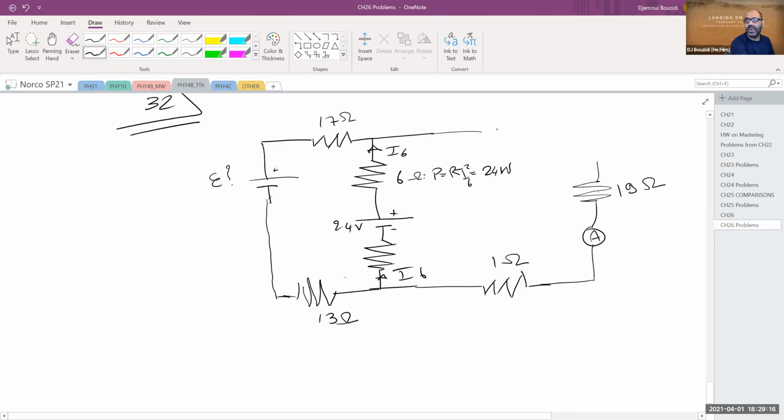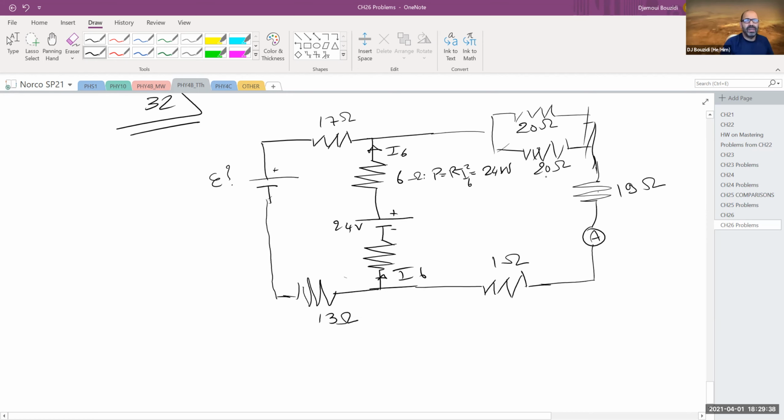And we have actually in here 2 resistors, one of them is 20 ohms and the other one is also 20 ohms.